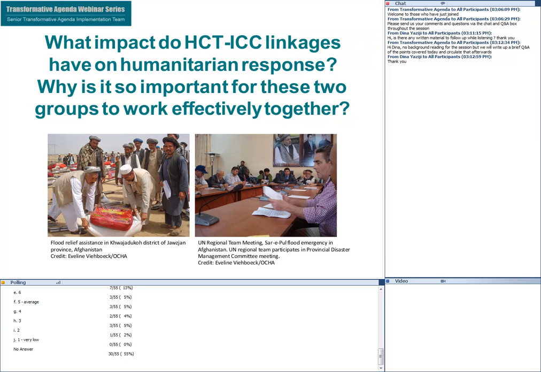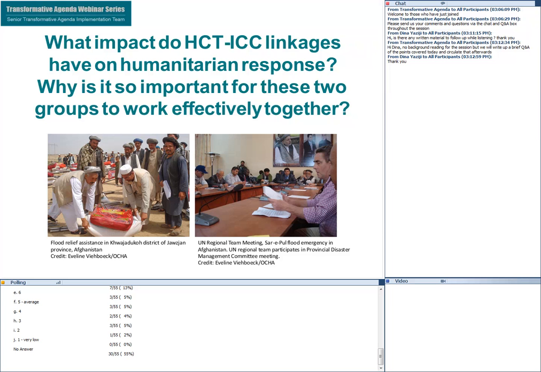I think I will start by saying that clusters and the intercluster group is the operational arm of the HCT. So it's the one really operationalizing strategy that is being set or agreed upon at the HCT level. This includes needs assessment, obviously the HPC, including HNO, SRP, contingency planning, but also, as Mark was saying, the CHF or the ERF.